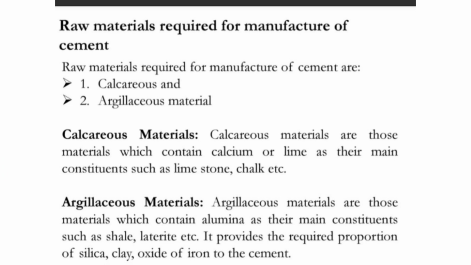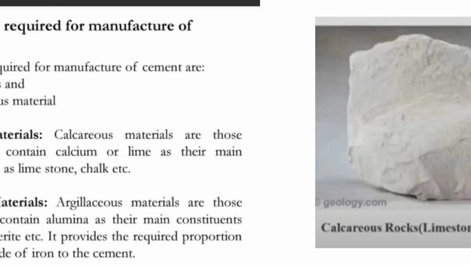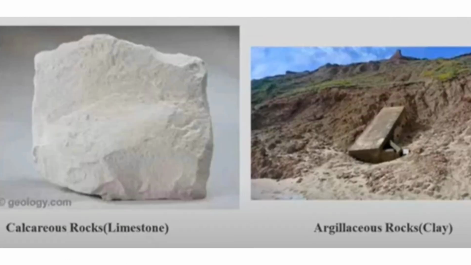And argillaceous material is material which contains alumina as the main constituent, for example, shale, laterite, etc. So these materials provide silica, clay, oxide of iron to the cement. So here you can see the calcareous material, that is the limestone, and the argillaceous material, that is clay.